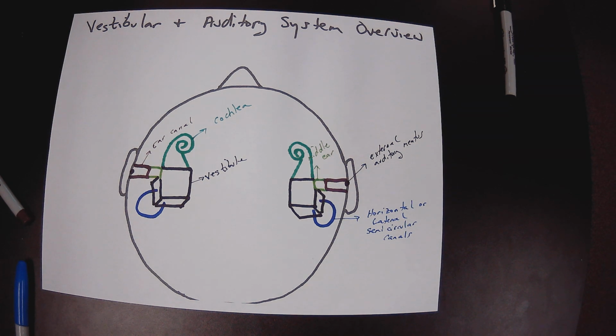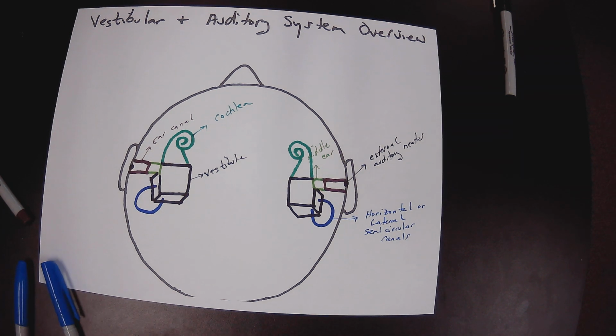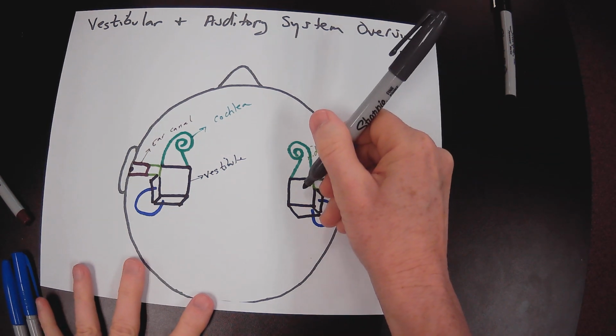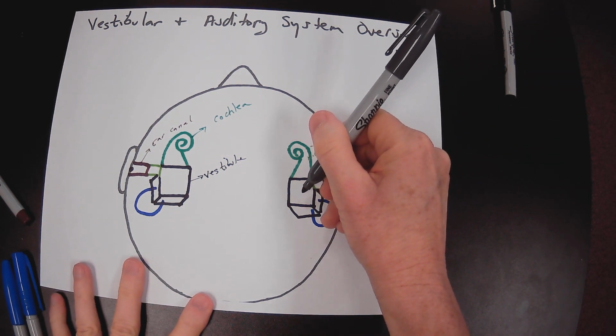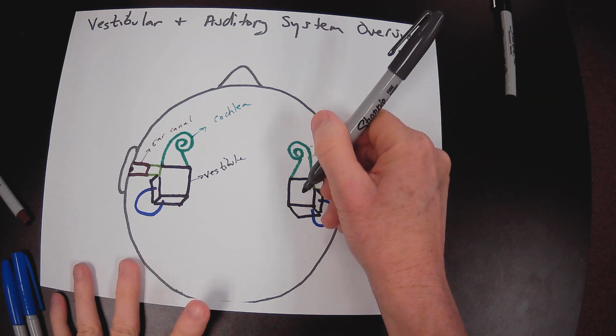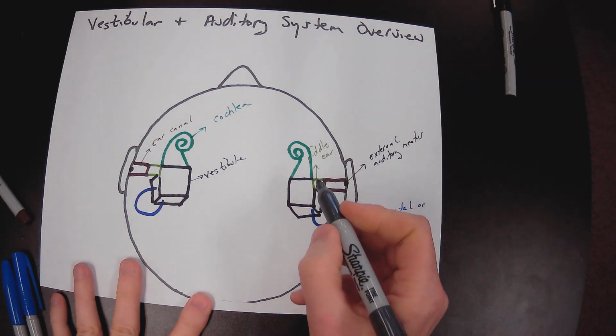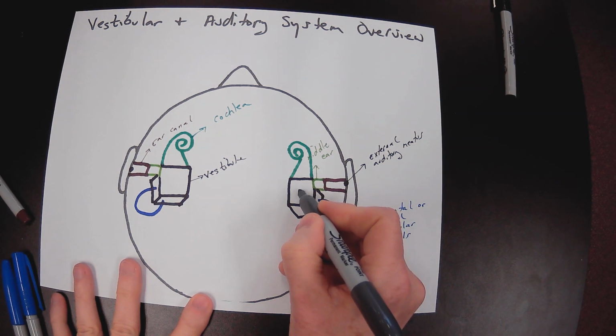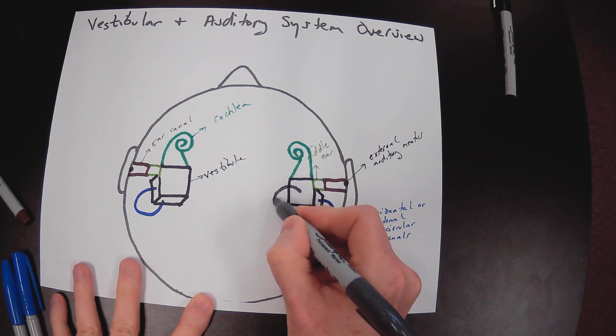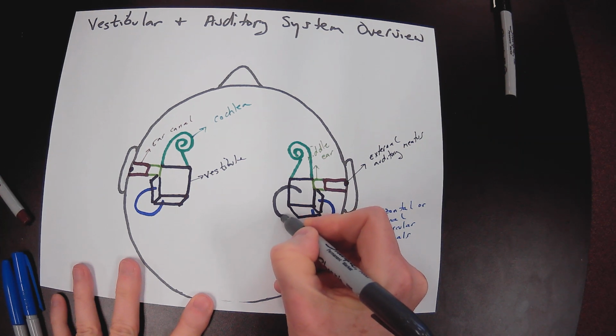And then there's another one. Okay, there are three of them. There's one canal that comes off the top of the box. Okay, this is going to be known as your superior or anterior canal. You'll hear both terms. Okay, it comes off the top of the box and just comes back to here.